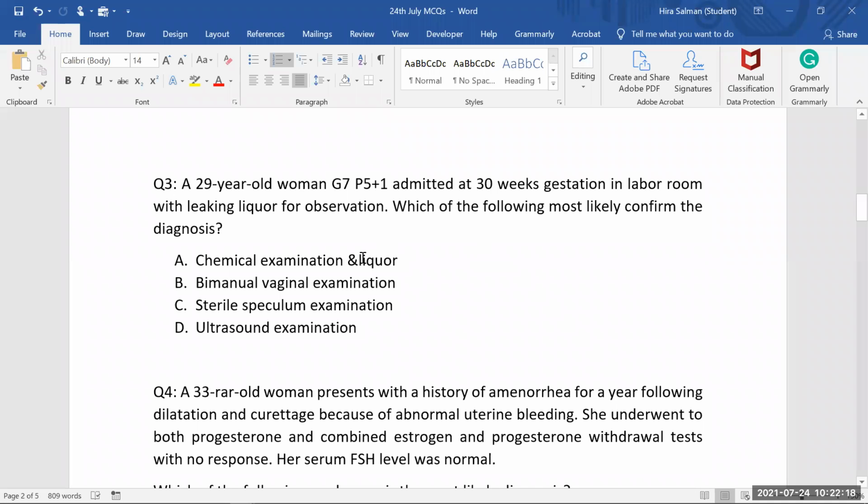But the first thing should be sterile speculum examination, because only on speculum examination will you see with your own eyes whether the leaking is there or not. If a pool of liquor is there in the posterior fornix of the vagina, you will say it's a clear leaking case.